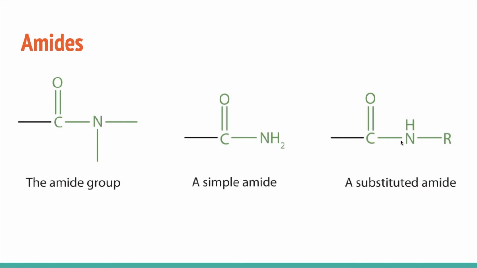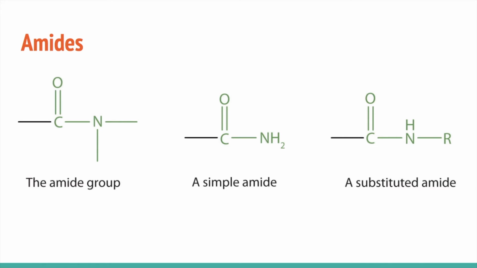And the remaining bonds are taken up by the hydrogens so that the nitrogen forms 3 sigma bonds. As you can see here, one is bonded to the carbonyl group right here, one is bonded to a carbon chain right here, and one is bonded to a hydrogen right here. So the bond between nitrogen and carbonyl group is called an amide linkage, and is quite stable.